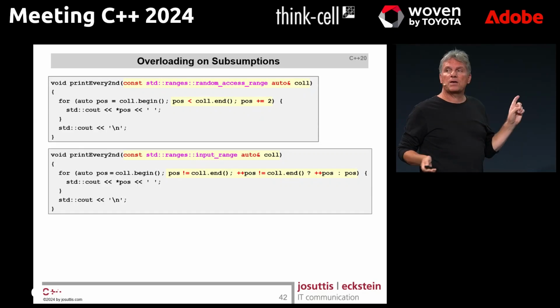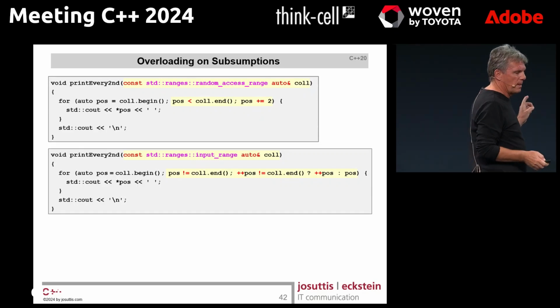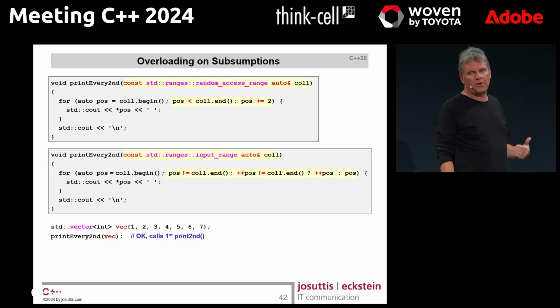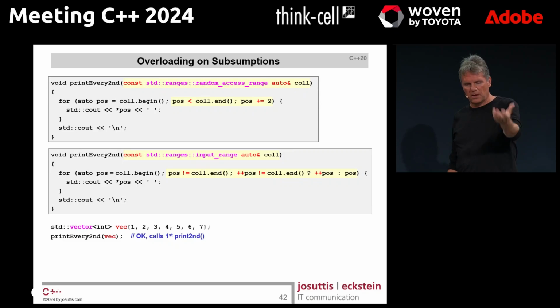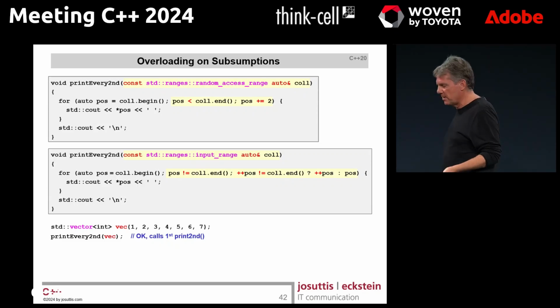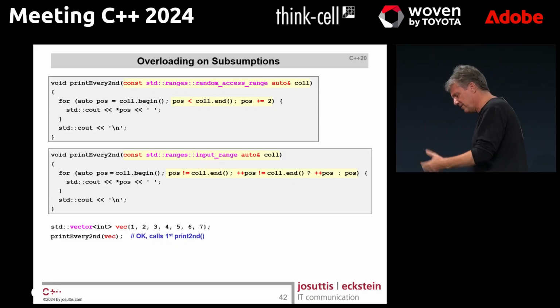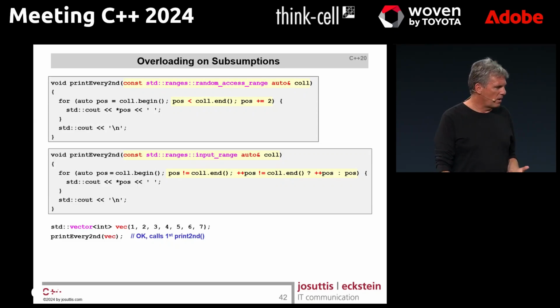The good thing, because we have subsumption, is that this works for a vector. Because for a vector, both print every second calls can be used. Because a vector satisfies the requirements of a random access range and satisfies the requirements of an input range.